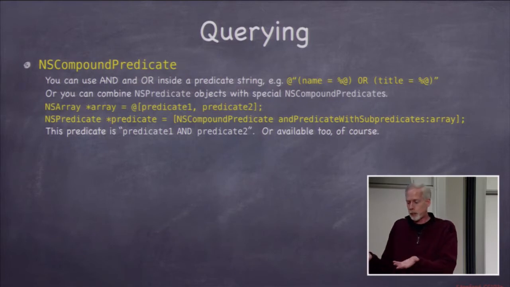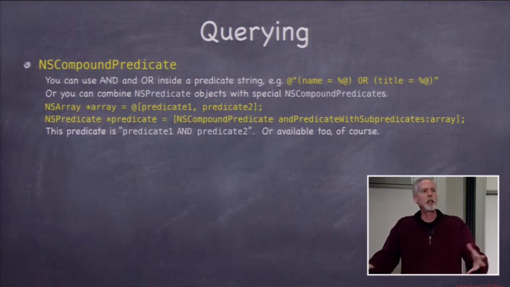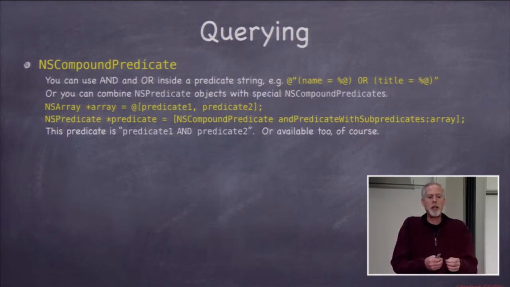Kind of wouldn't make much sense, but you could. You can also create compound predicates in code by using an AND predicate or an OR predicate in NSCompoundPredicate. It just takes an array of other predicates and makes a compound one. That's like if you want the ANDing and ORing to be if-then in code, as opposed to just built into the string.